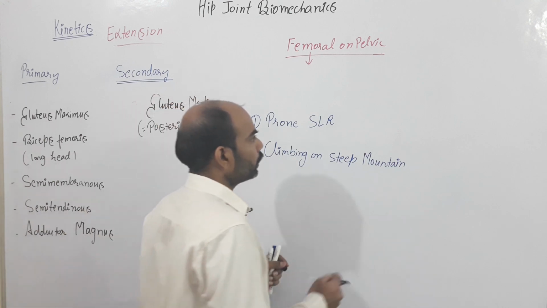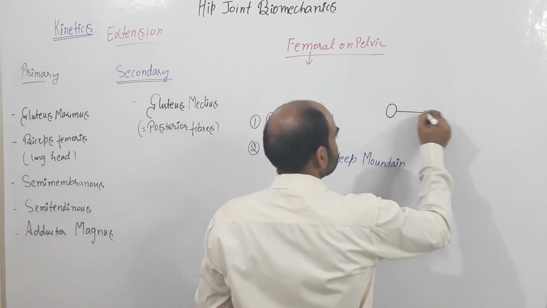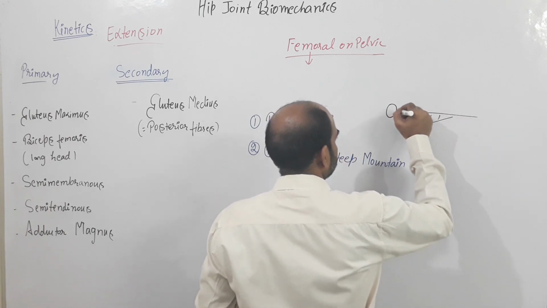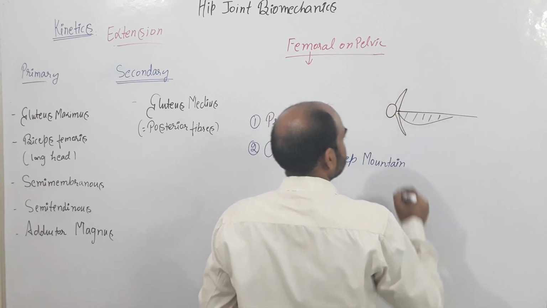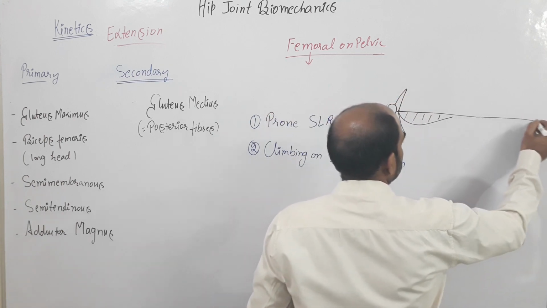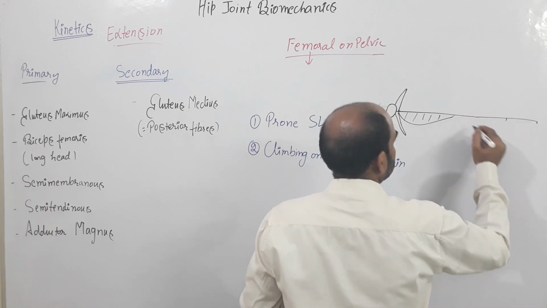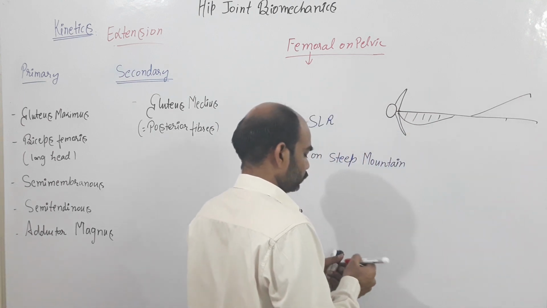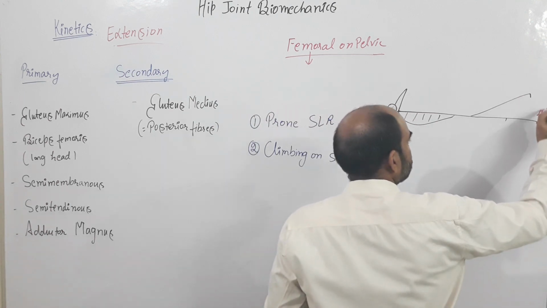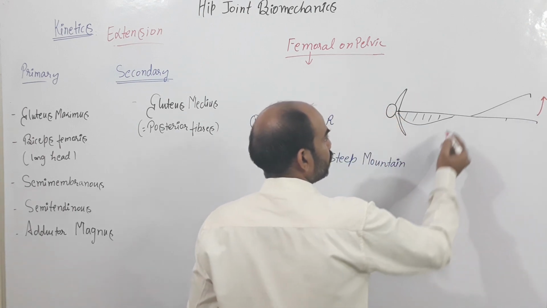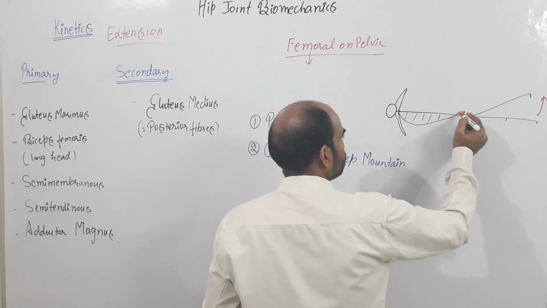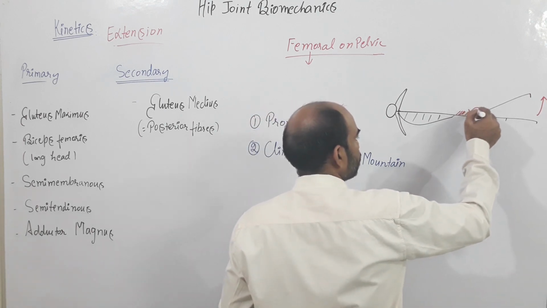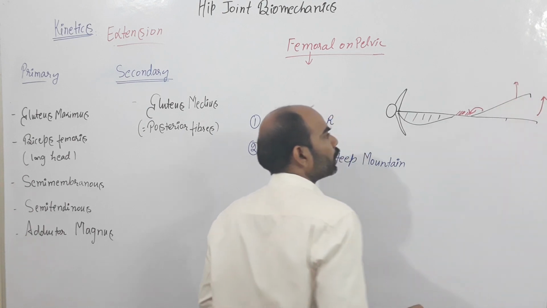During prone SLR, first the lumbar extensor muscles are activated to stabilize the pelvis and lumbar spine, and then the gluteus maximus is activated to raise the limb.